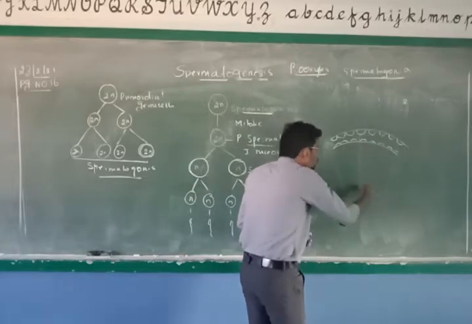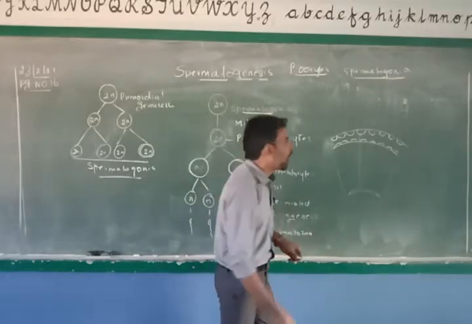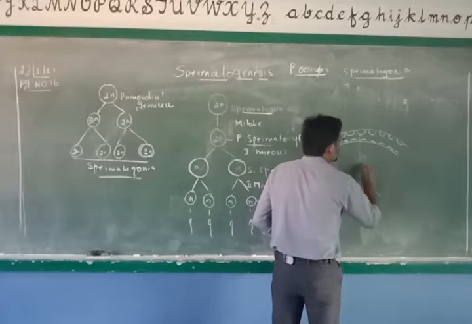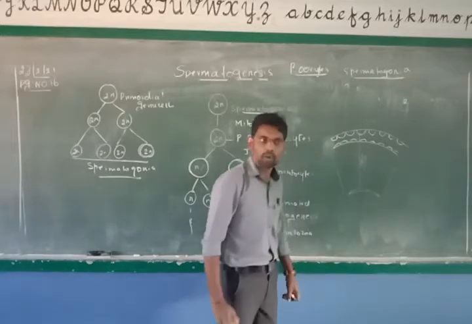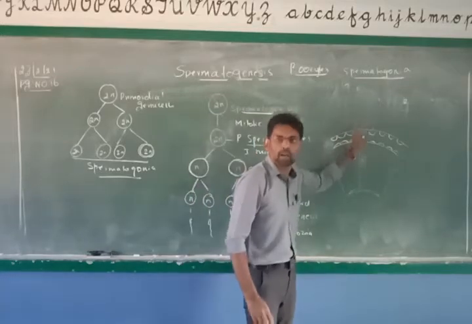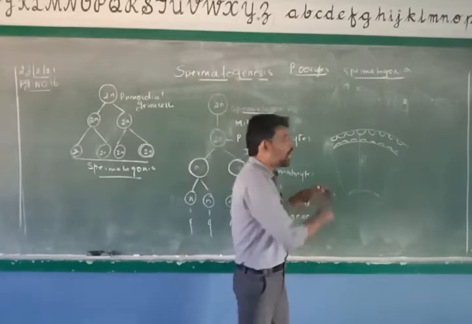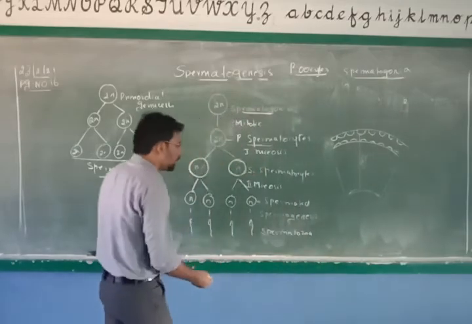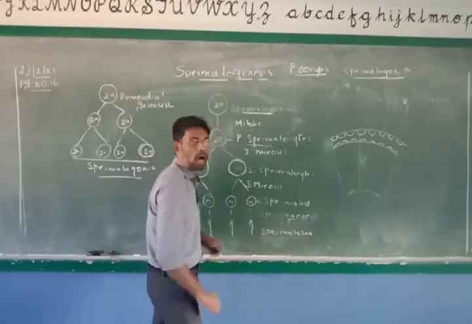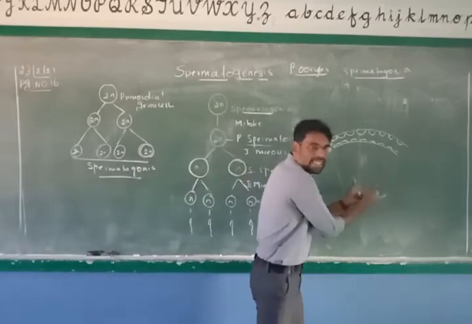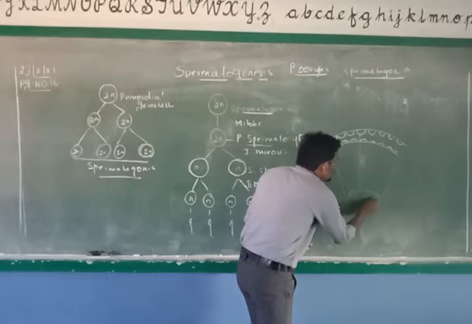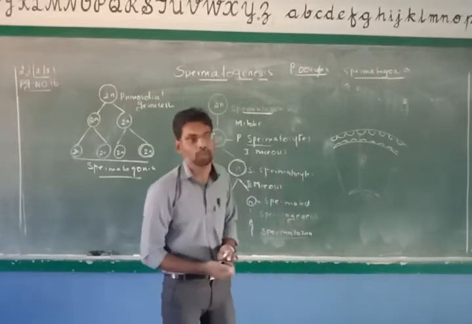Till it reaches the central part, it requires the help of the Sertoli cells. Without Sertoli cells it cannot move inside, because it will take up the nutrition from them. Once it is mature, that means once it becomes spermatozoa, it leaves the Sertoli cells and is liberated into the central part of the seminiferous tubules.